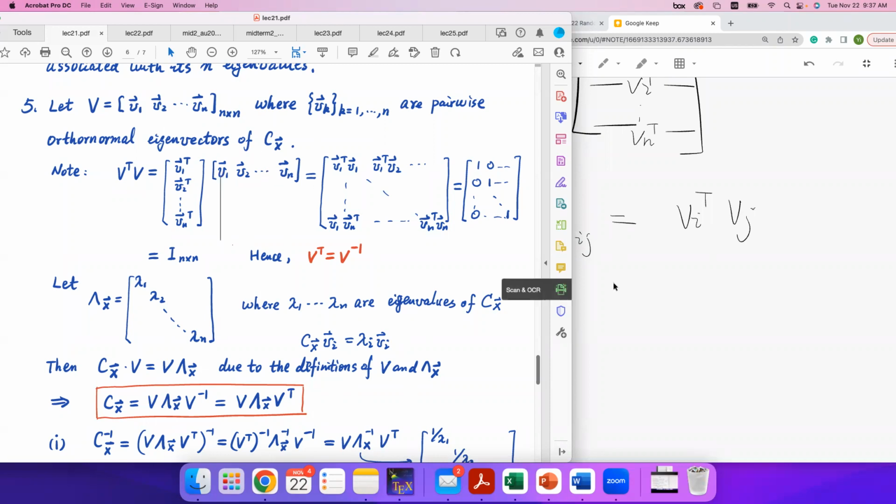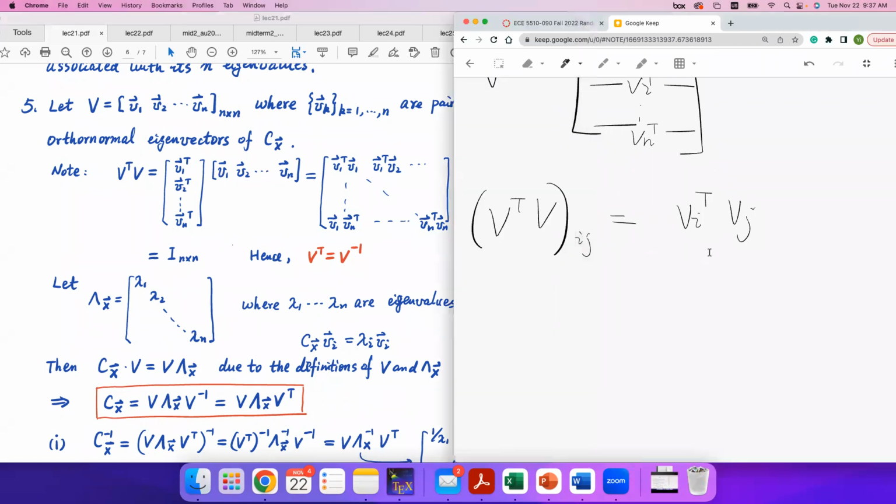That's the matrix multiplication rule. This is the ij entry of the product matrix, and it is indeed given by the dot product between vi and vj. This is a dot product between two vectors, so it will give us a number. That number is the ij entry of this matrix.